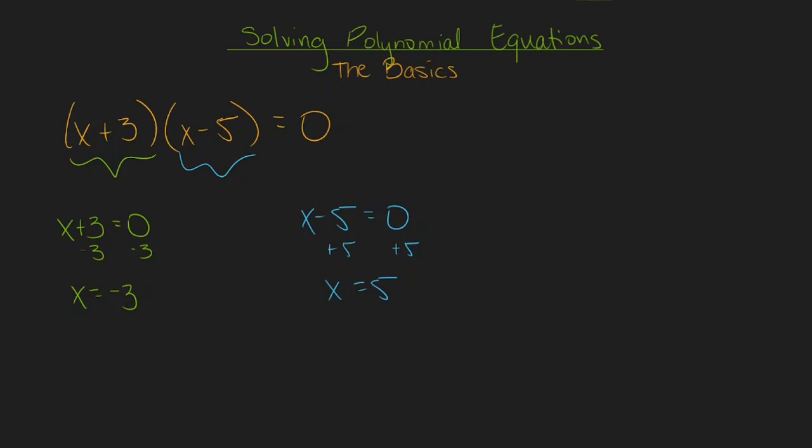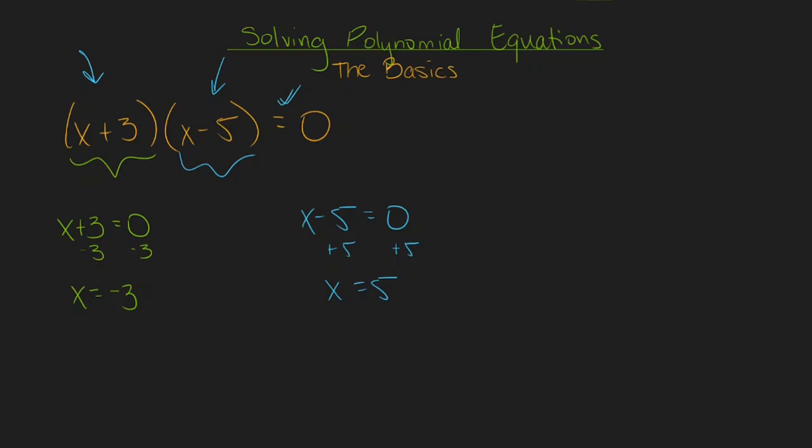That's because if I plug in a value of negative 3 for x, it's going to cause this first term to equal 0, which means the entire equation, when I multiply it together, will equal 0, meaning that this will be true. Additionally, when I plug in a value of 5 for x, it's going to make the second term equal 0. So when I multiply everything together, it keeps this equation true.